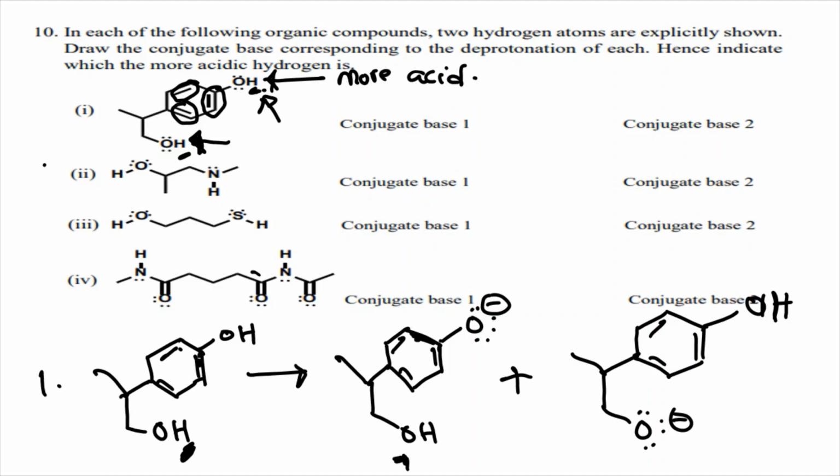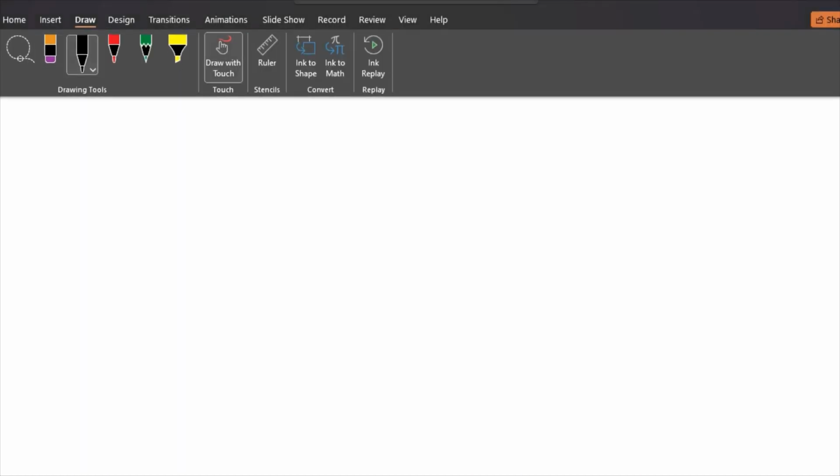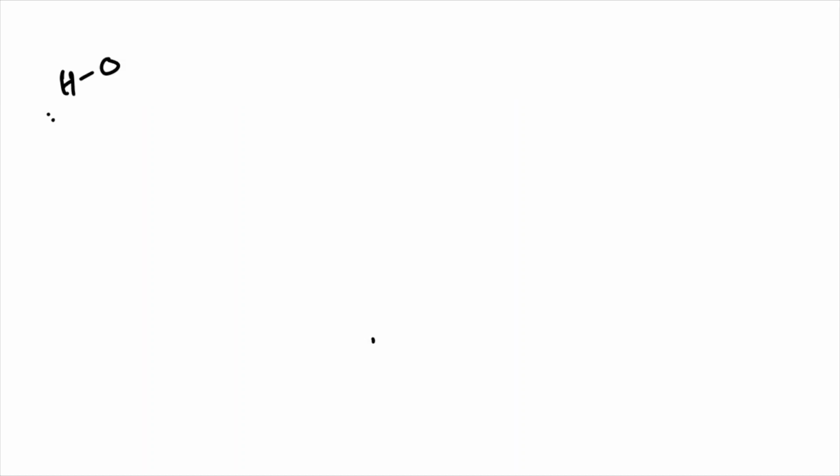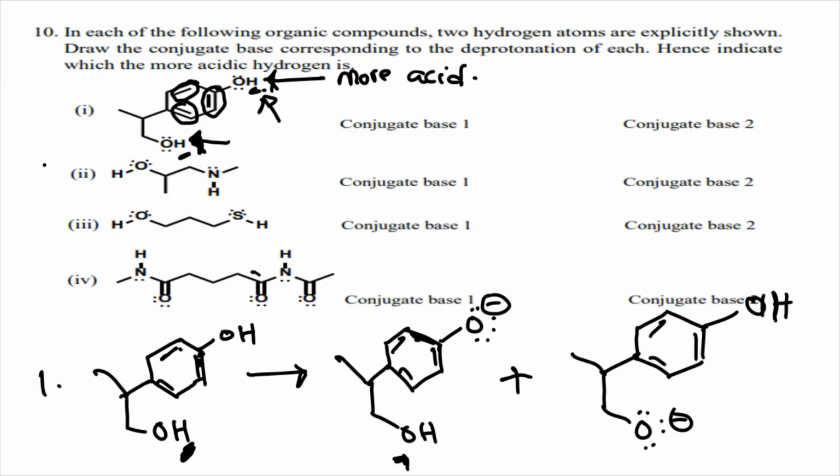Okay, let's move on to another question. It says number 2. So you have this compound here. Let me try to draw it here. So with the hydrogen here that is attached to the oxygen, and then the oxygen is attached to that. Nitrogen is here.